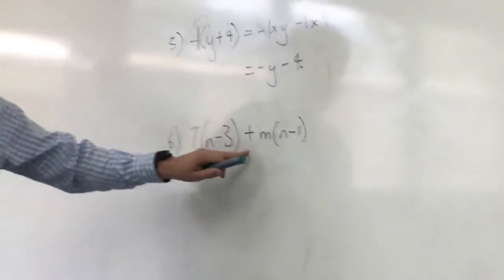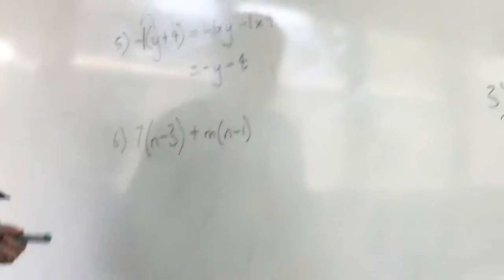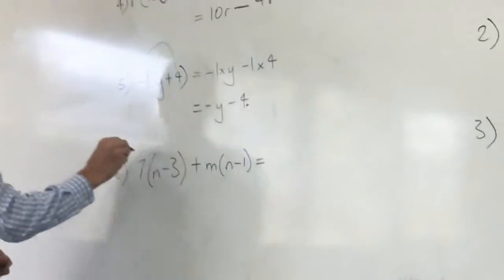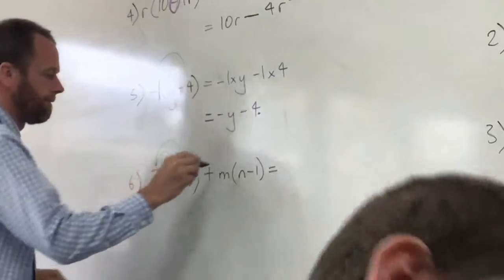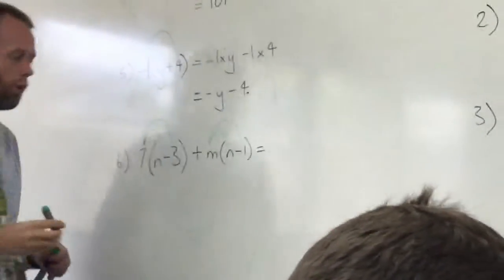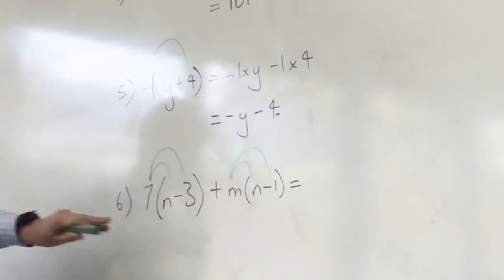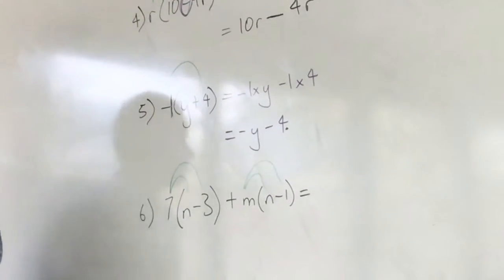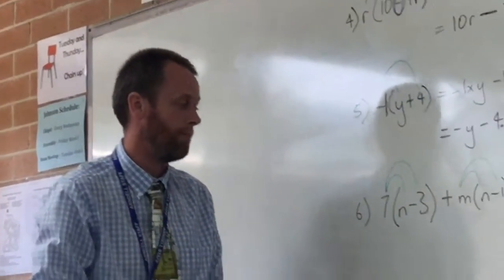So we've got 7 outside of n minus 3 plus m outside of n minus 1. There is nothing wrong with using a little bit more ink to make sure you get it right. What you can see there, I'm just going to deal with each section on its own first. Break it down, take a bit of time.